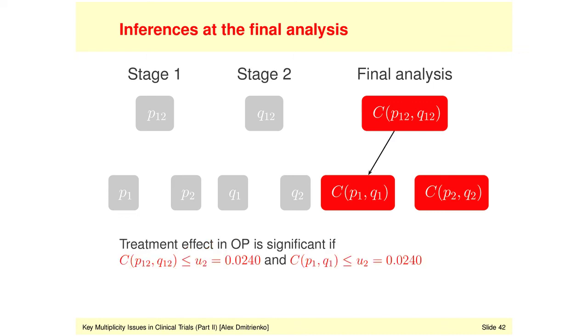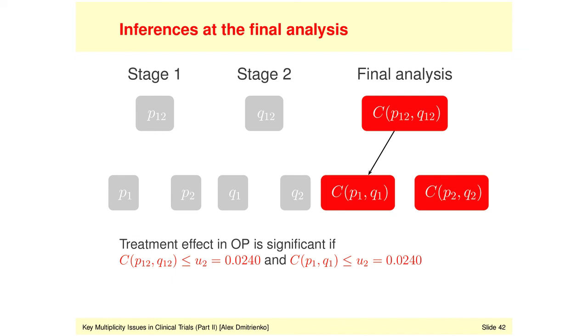Using the closure principle, it is quite straightforward for us now to develop decision rules. As shown at the bottom of the slide, we are going to claim a significant treatment effect in the overall population if both of the p-values within the intersection as well as within H1 are significant.